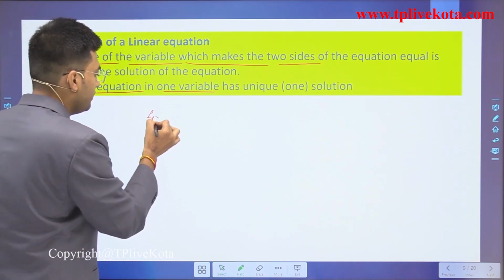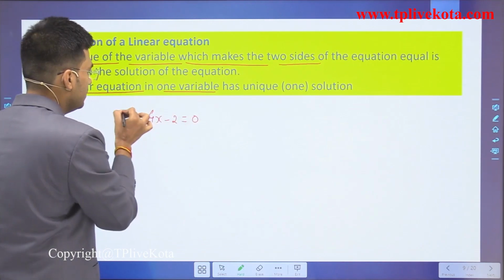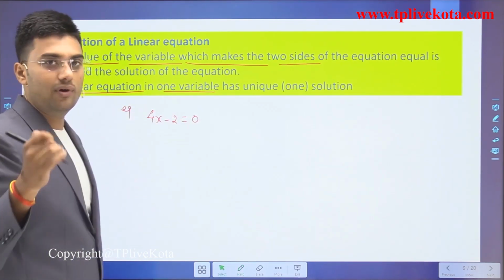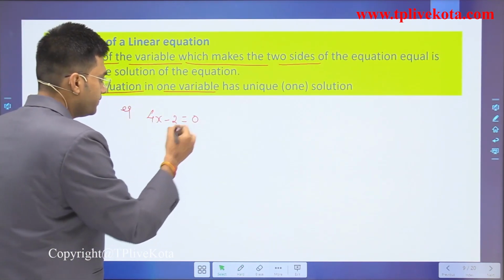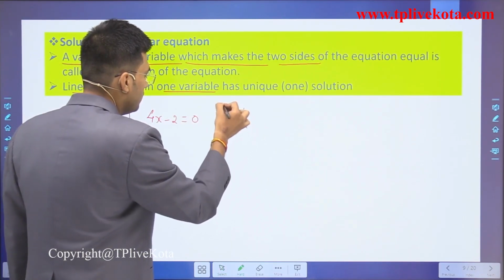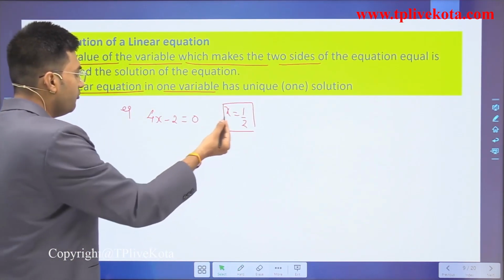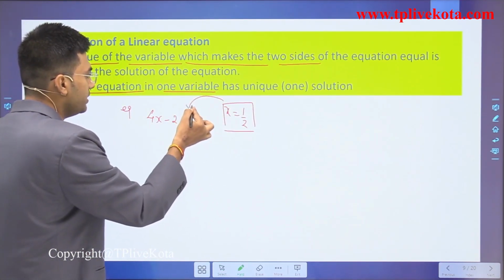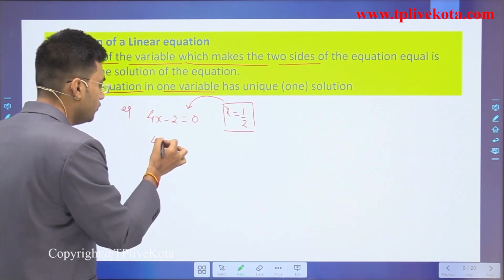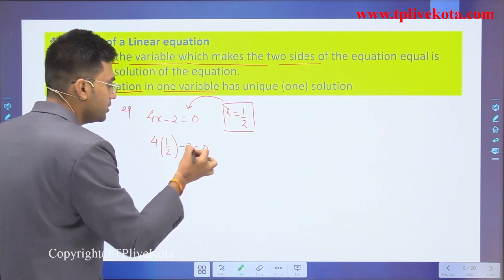For example, 4x minus 2 equals 0. This is a linear equation in one variable. So x is equal to 1 by 2. Let's check for x equal to 1 by 2. If you put x equal to 1 by 2 in this equation, then it is 4 multiplied by 1 by 2 minus 2 equals 0.